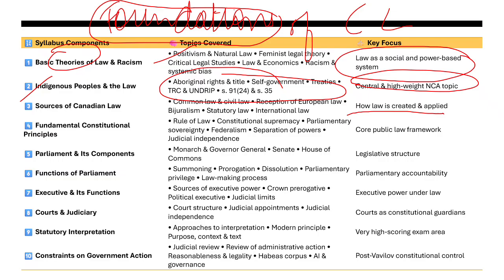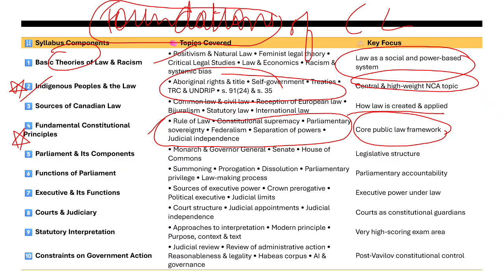Again, you will definitely get questions from this topic, so you can star mark these topics side by side in your syllabus. Core public law framework: rule of law, equality, federalism, parliamentary sovereignty, constitutional supremacy, separation of powers. Very important, judicial independence. All these topics.